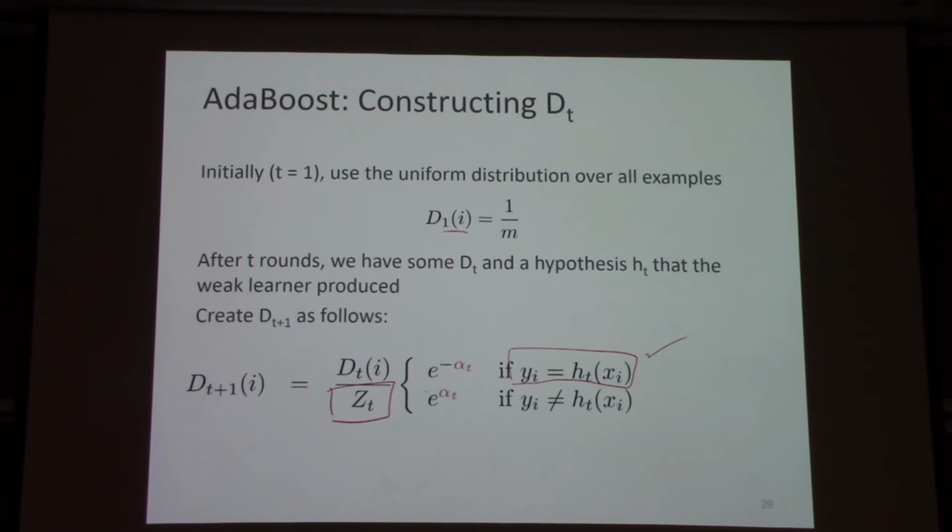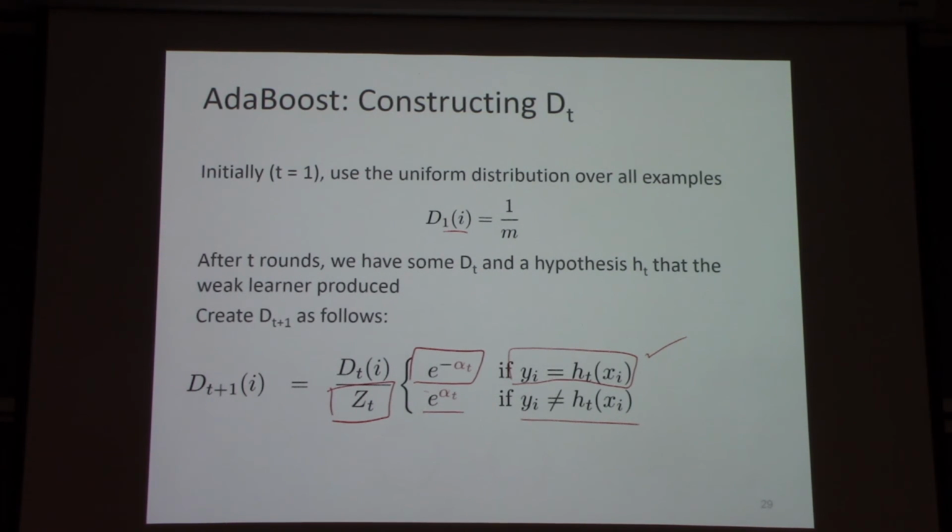On examples that you are okay on, you multiply by e power minus alpha t. On examples that you made a mistake, you multiply by e power alpha t. I haven't told you what alpha is, we'll get to that in a minute. If alpha were negative for examples that you got the label correct, then this will do what we wanted. Right?